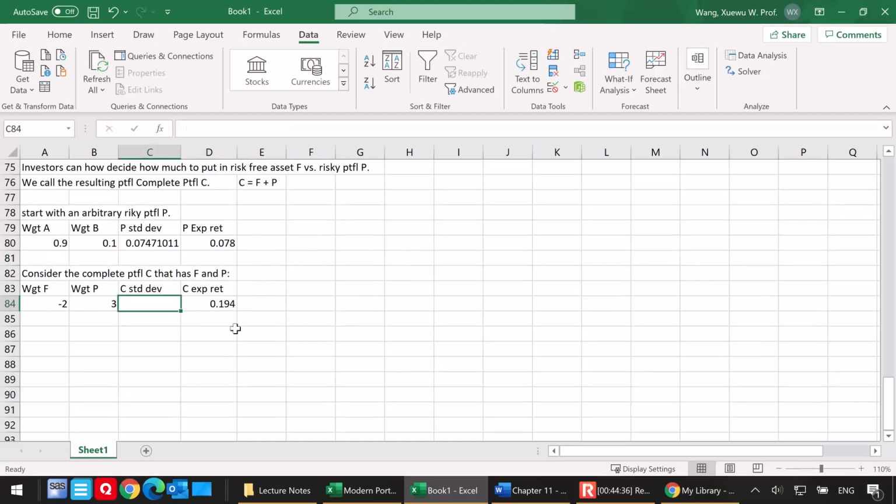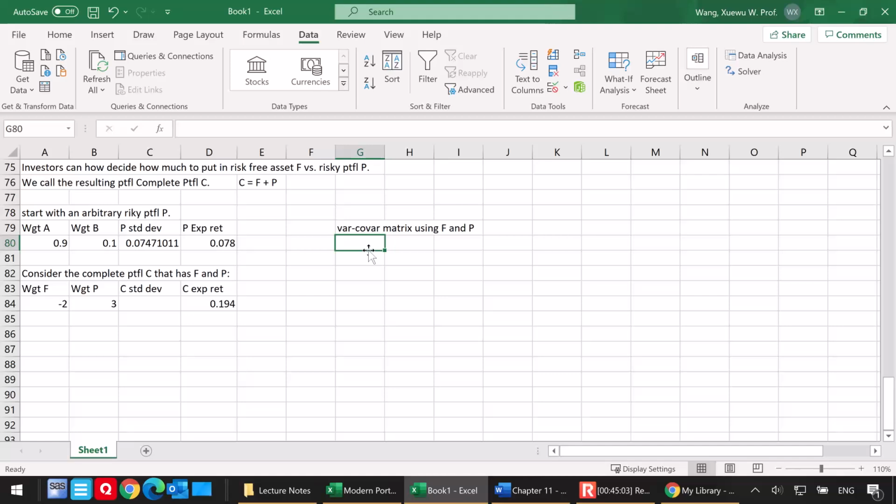And how do you calculate the complete portfolio standard deviation? The only way I have taught you is to look at the variance covariance matrix, now using F and P. This is not the same as the variance covariance matrix we constructed earlier using A and B. If you use A and B, you're forming risky portfolios. Here, we're forming complete portfolios.